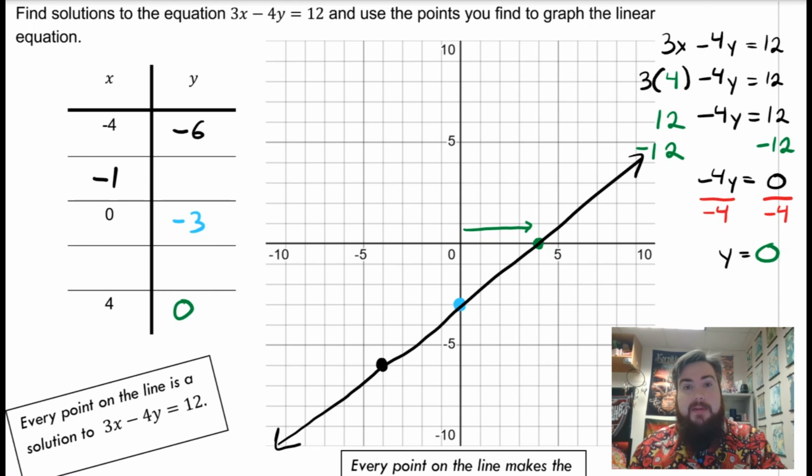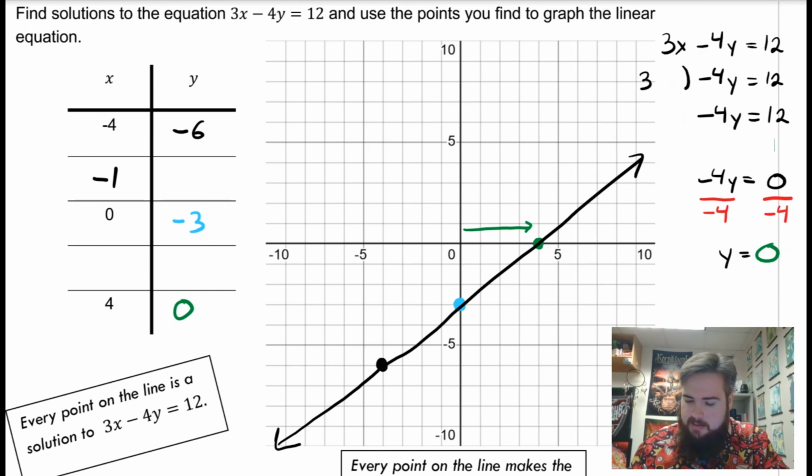And we could see what would happen. Let me change my work on the side here for plugging in -1. If I plug in -1 for x instead, I will get 3 times -1, which is -3. To get -4y by itself, we would then have to add 3.